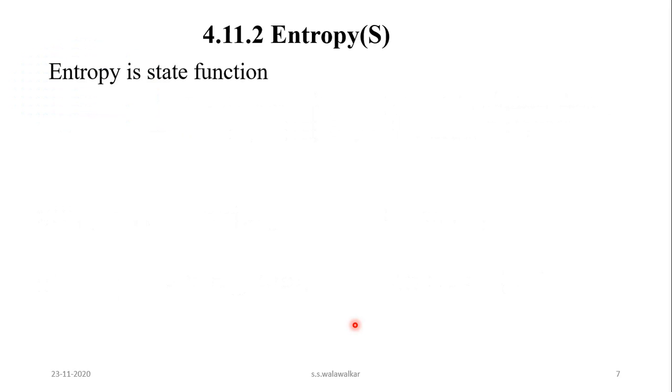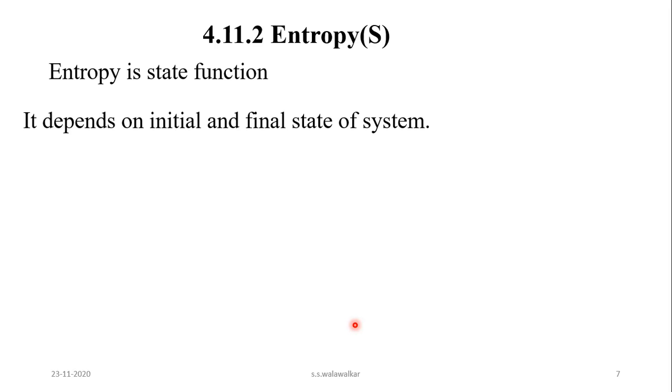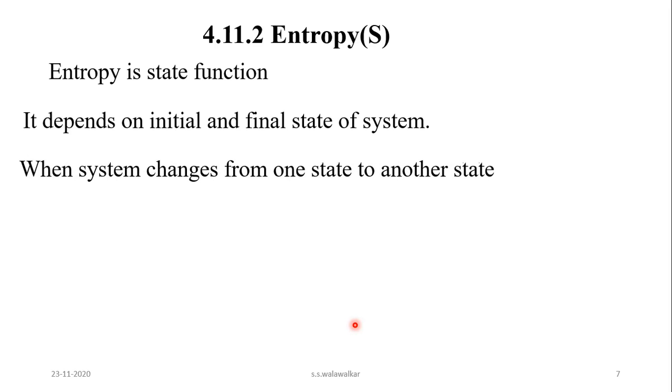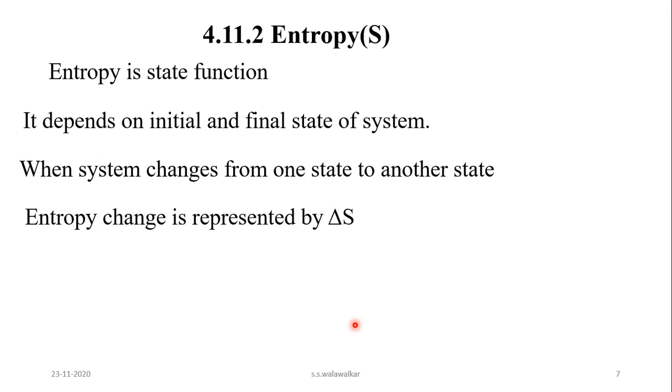Now, entropy is a state function. That means it depends on the initial and final state of the system when the system changes from one state to another state, and from that we can calculate the change in entropy.